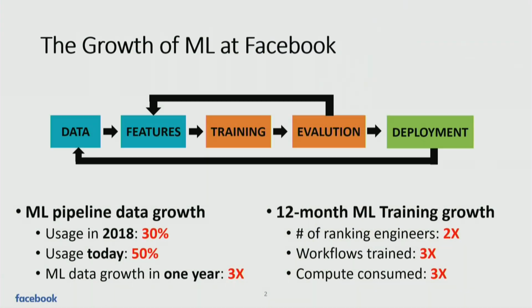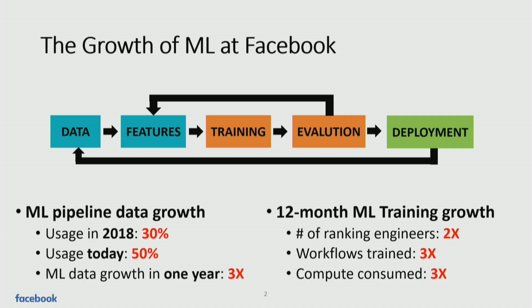So let me start with some motivation. This slide shows a pretty standard simplified view of the training workflow, starting with the data, with feature engineering, training, evaluation, all the way to deployment. It looks simple, but the resources and the system requirements needed to power this pipeline have been growing significantly.